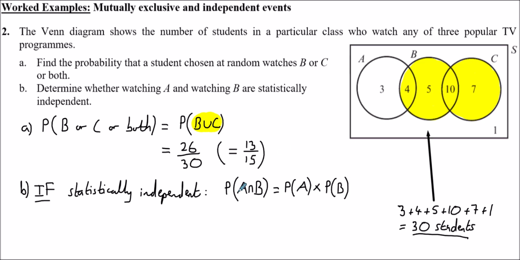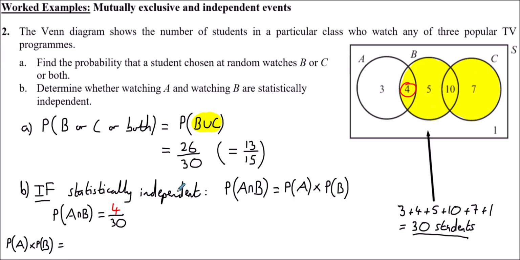In the intersection, what we've got here is the overlap of A and B, which is 4. So we can now say the probability of A and B is these 4 students out of 30. Whereas P(A) times P(B) needs to be the same as 4 over 30 if it simplifies.